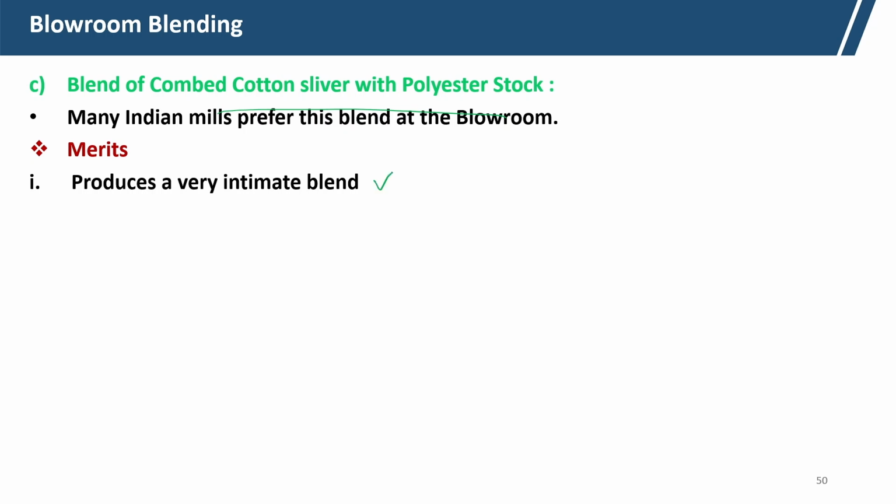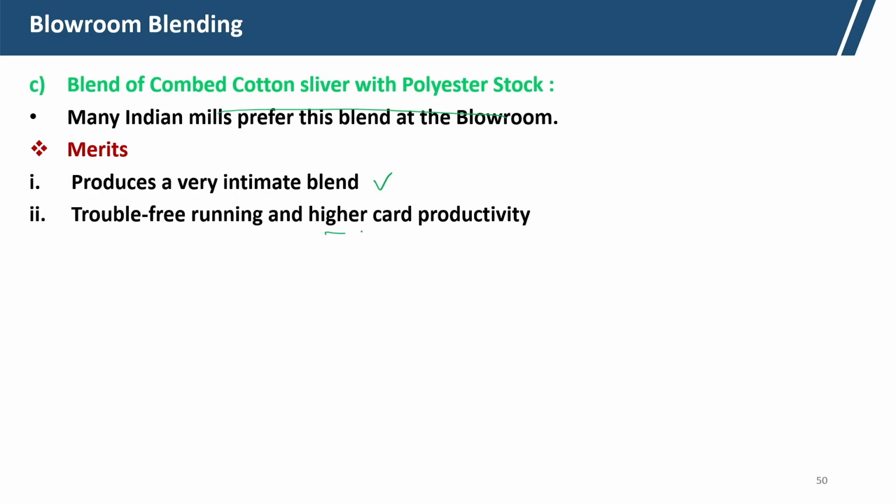We get a very intimate blend because it is blending at the blowroom stage, trouble free running and high card production, because already the cotton fibers are open, polyester are open. So, we can have high production, high card speed, and fibers are already carded, so combed.